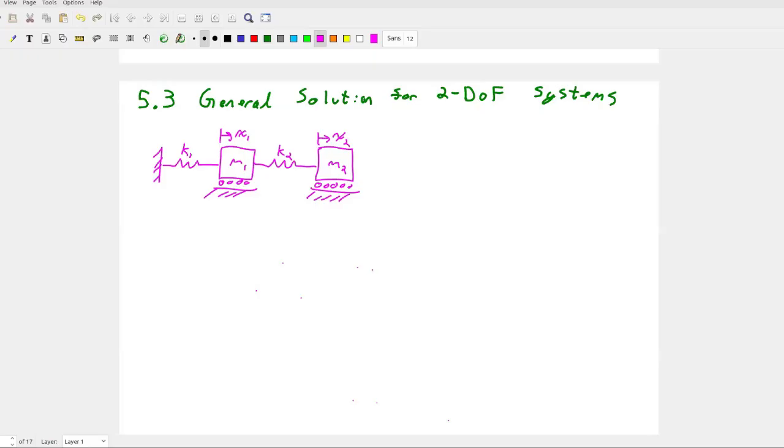Now we need a solution, right? Again, our solutions are always in terms of our displacement x. Now it's going to be x1 as a function of t. And I just want to know how my mass 1 is going to move through time.